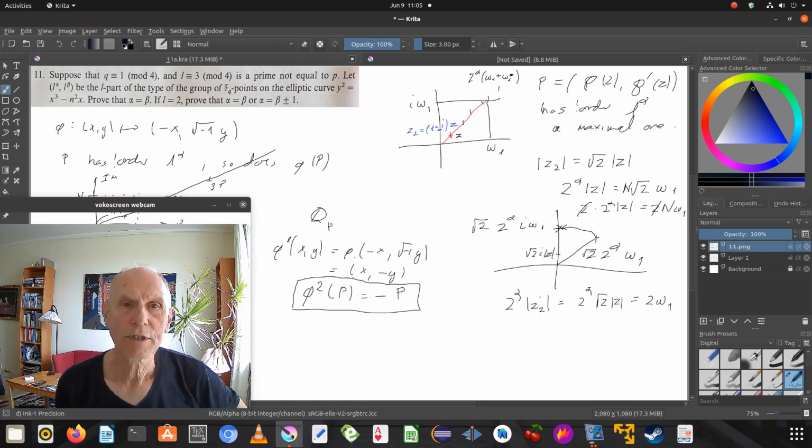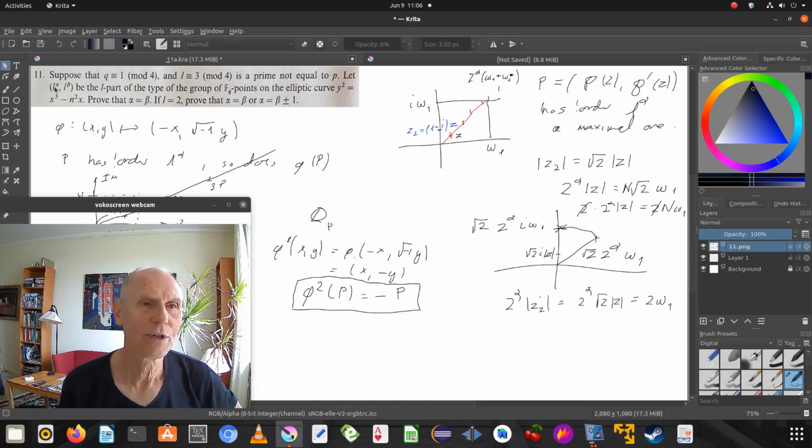Our problem was, we do have two distinct objects of order L, or two distinct sequences of points of order L, which of course means that we will have L squared.